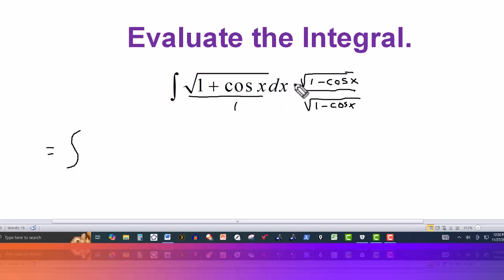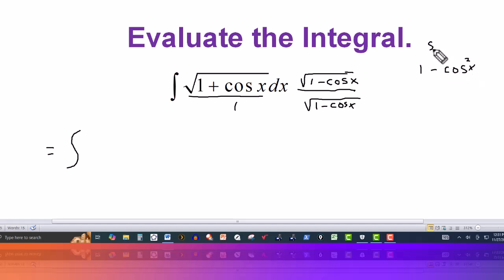Multiplying square root and square root, I can multiply the radicands, and inside there I'd get 1 minus cosine squared of x. That's the sum and the difference of the same two terms, so this gives me the difference of squares. 1 squared is 1, and here I have minus cosine squared of x.